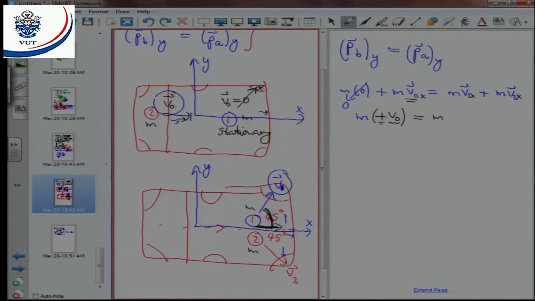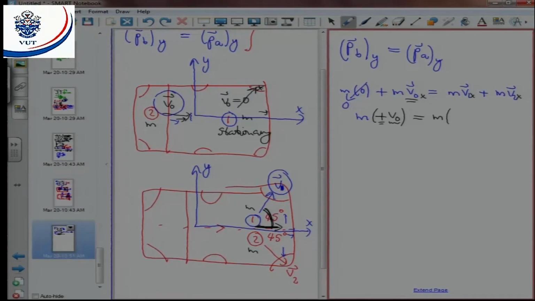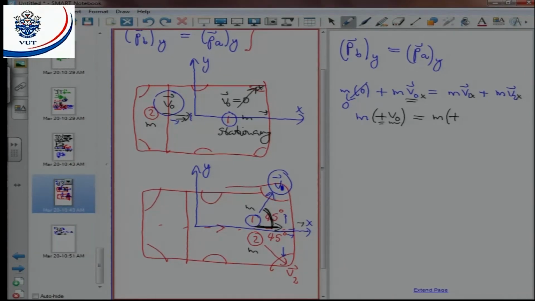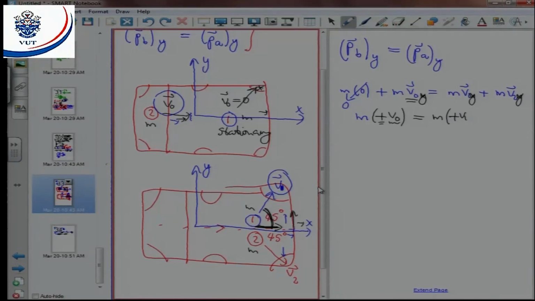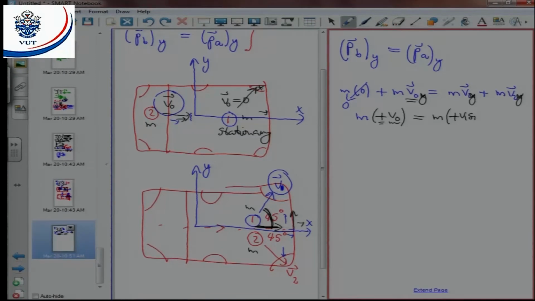It's the cos of 45. Wait, we're looking at y, so that's y, that's y, that's y. So it's actually going up, so plus v1, and then it's going to be sine 45.